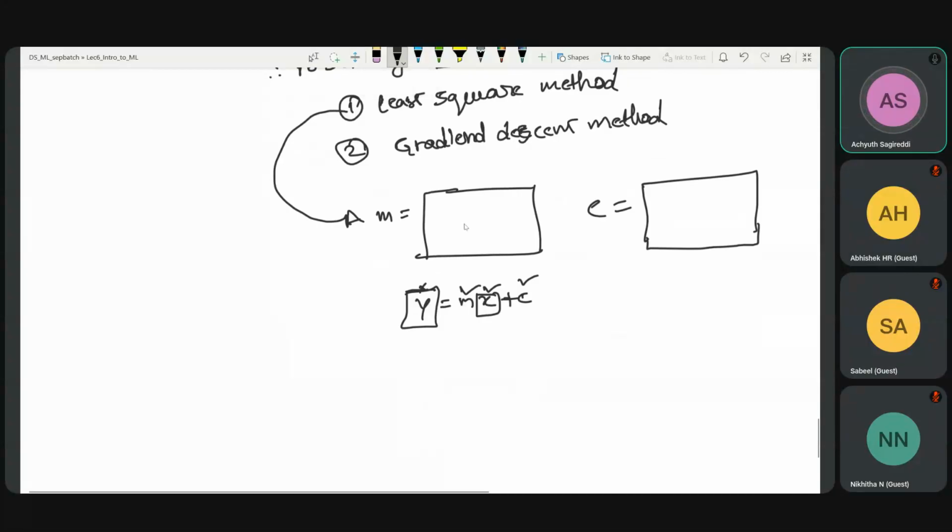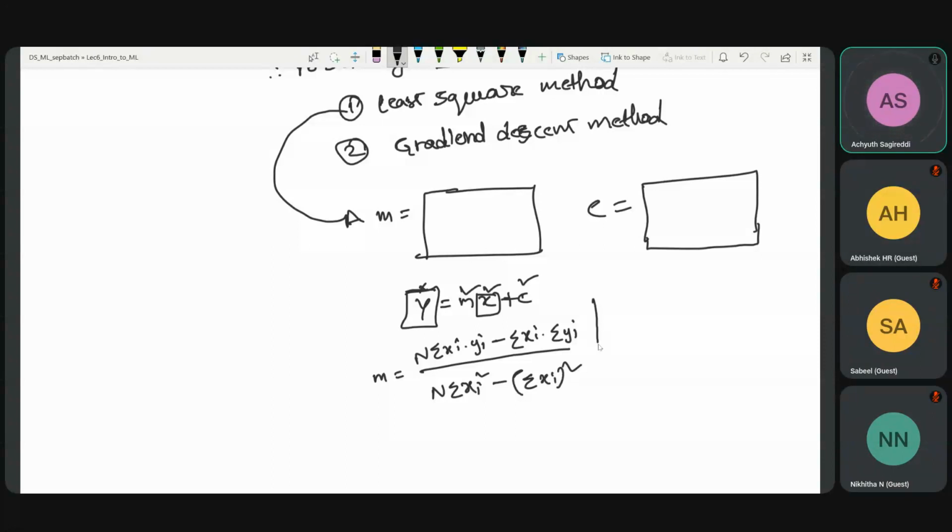So by using the least square method, there is a big derivation for finding m and c values. I'm giving the m and c values directly. Here m equals n into summation of xi yi, minus summation of xi into summation of yi, divided by n into summation of xi square minus summation of xi, whole square.